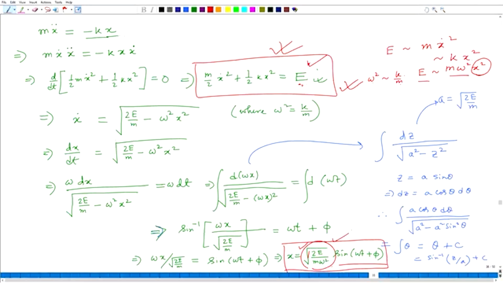Okay. So, in this way you can see that just using the invariance or the conservation of the total mechanical energy, you can exactly solve one dimensional motions.